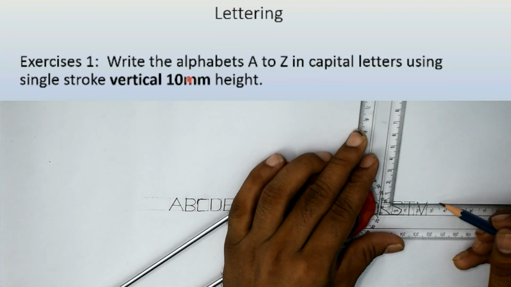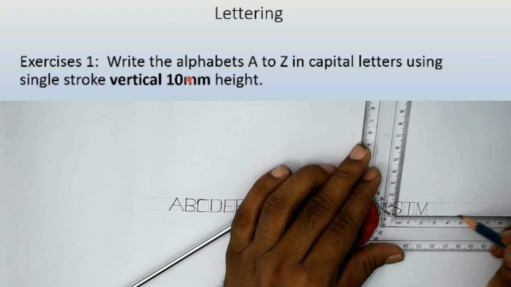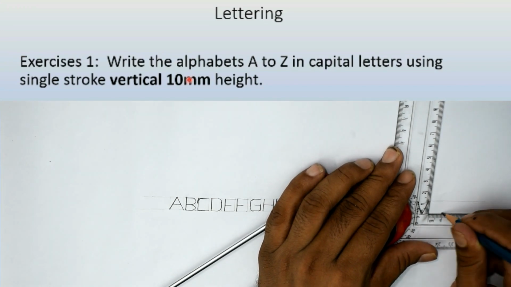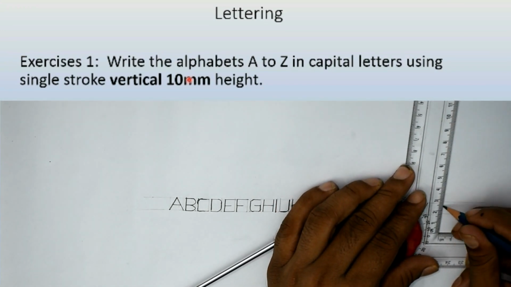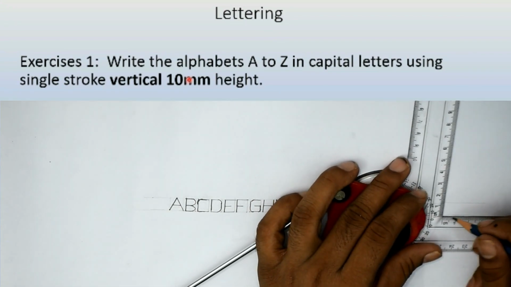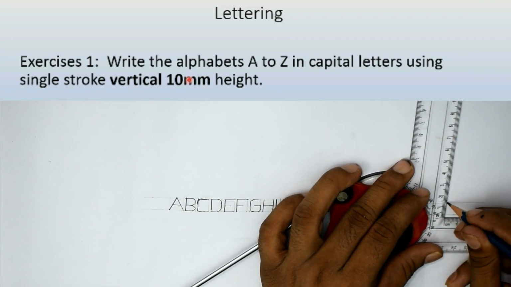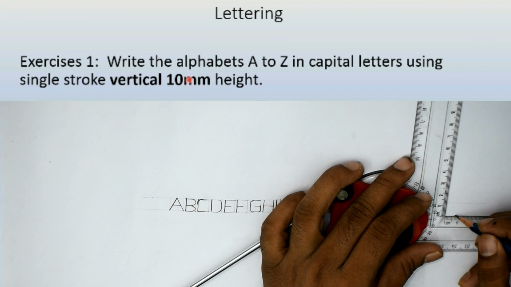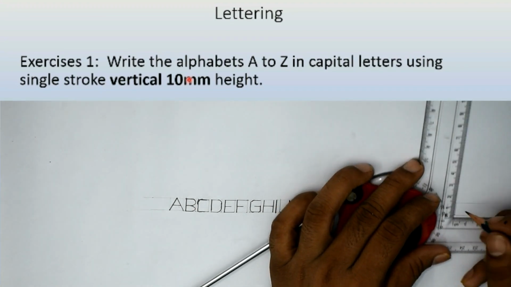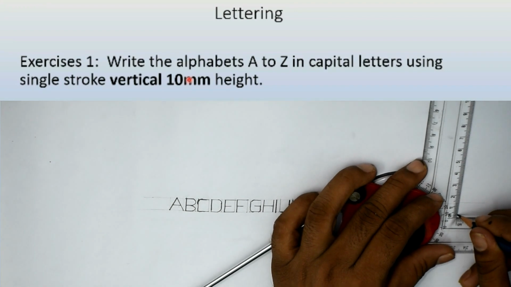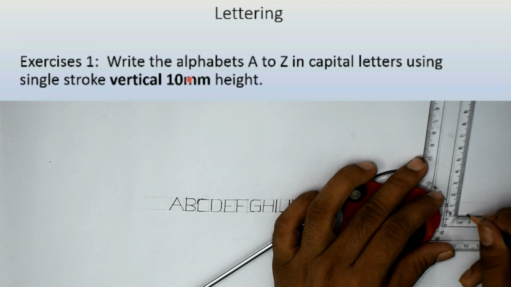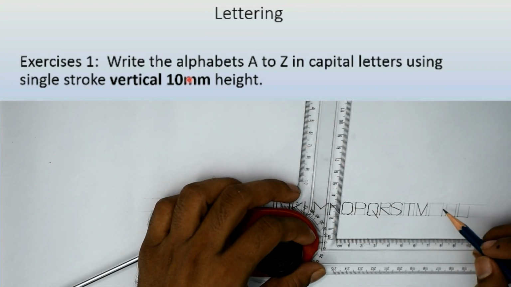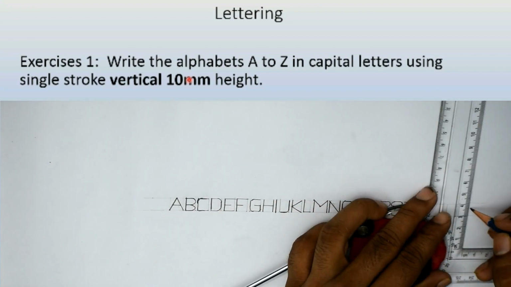So as stated earlier, W is also an exception case. So for taking W, we have to take the complete width as equal to the height. Then 2 mm gap, 7 mm width, 2 mm gap, 7 mm width, V, W, X, Y, we are almost there.